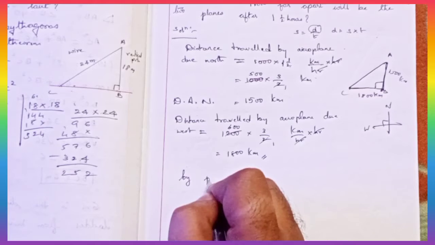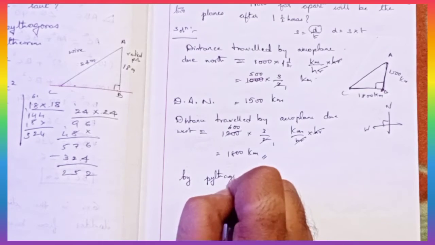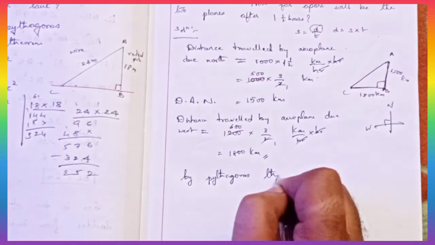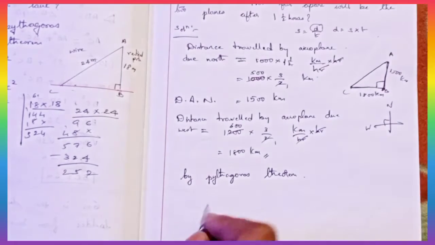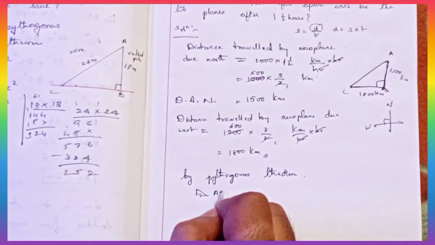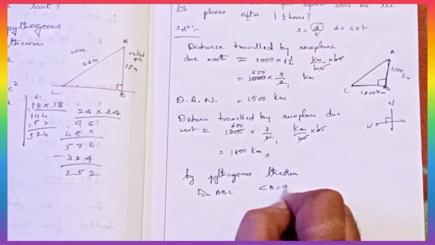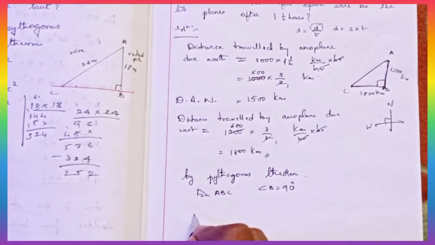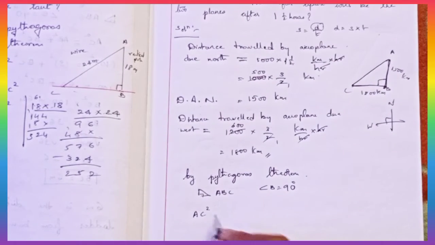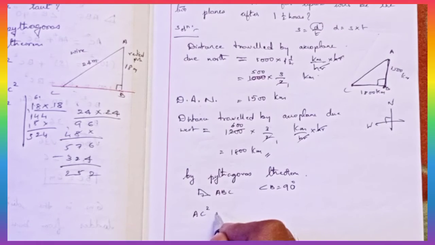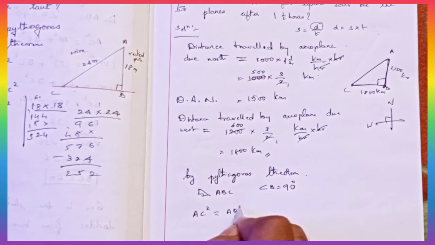By Pythagoras theorem, in triangle ABC, angle B is equal to 90 degrees. We already know it. So largest side or hypotenuse is AC. AC square is equal to AB square plus BC square.